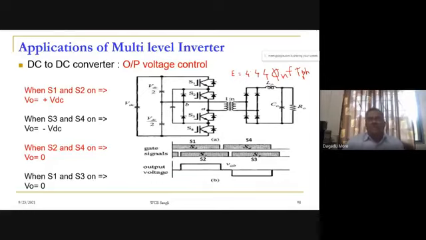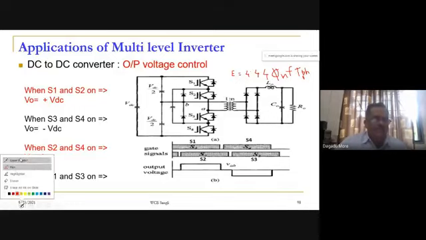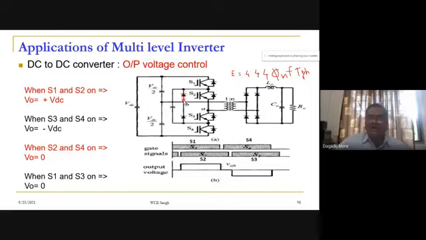If you look at the diode, you can say it is a diode clamped multi-level inverter. If you look at the capacitor, you can say it is a flying capacitor. So it is a combination of both that we have used here.